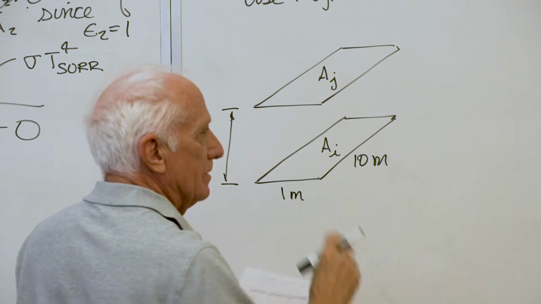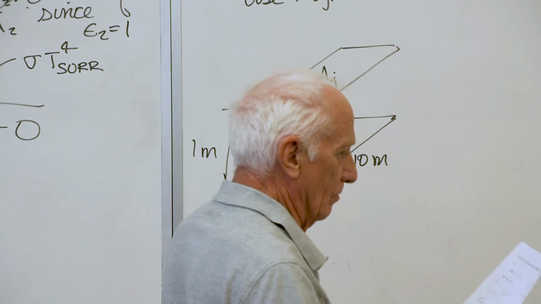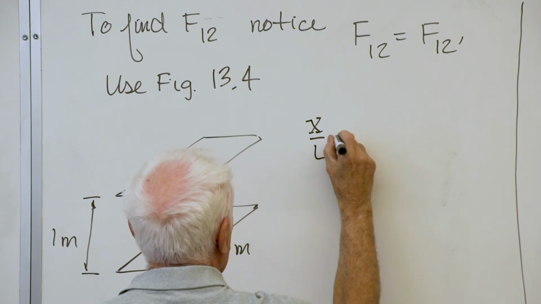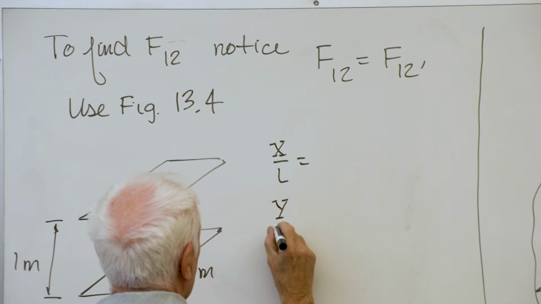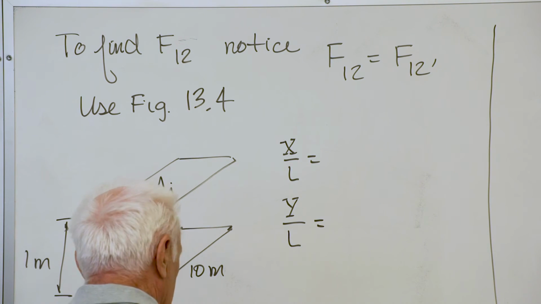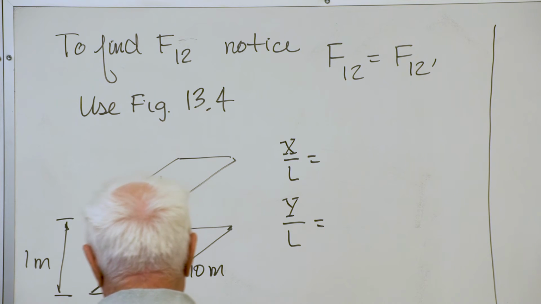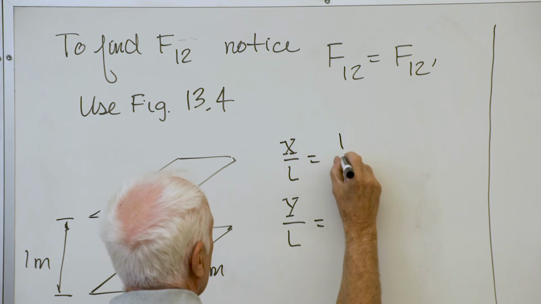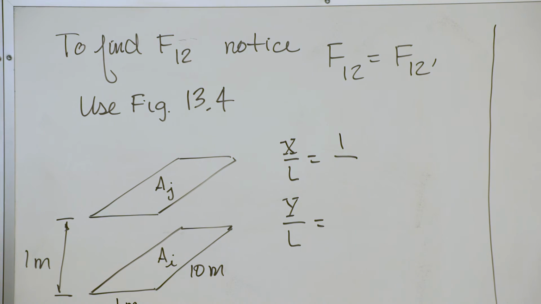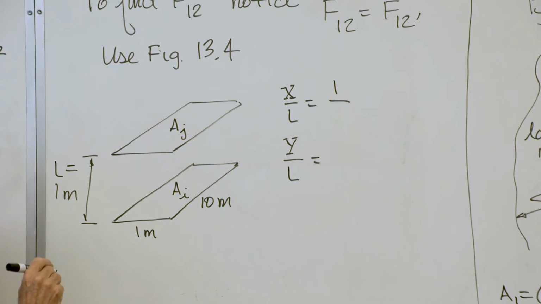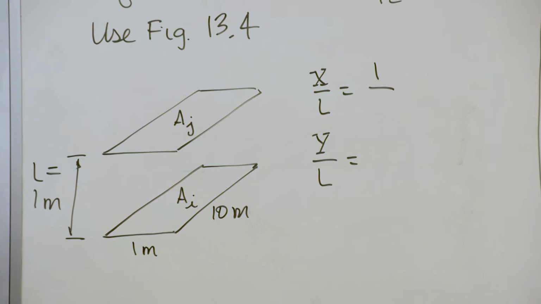Okay, in figure 13.4, we've done it before, we'll do it one more time. X over L, Y over L. I'm gonna call X 1 meter. Don't call L a length. It's kind of bad, but don't call L a length.